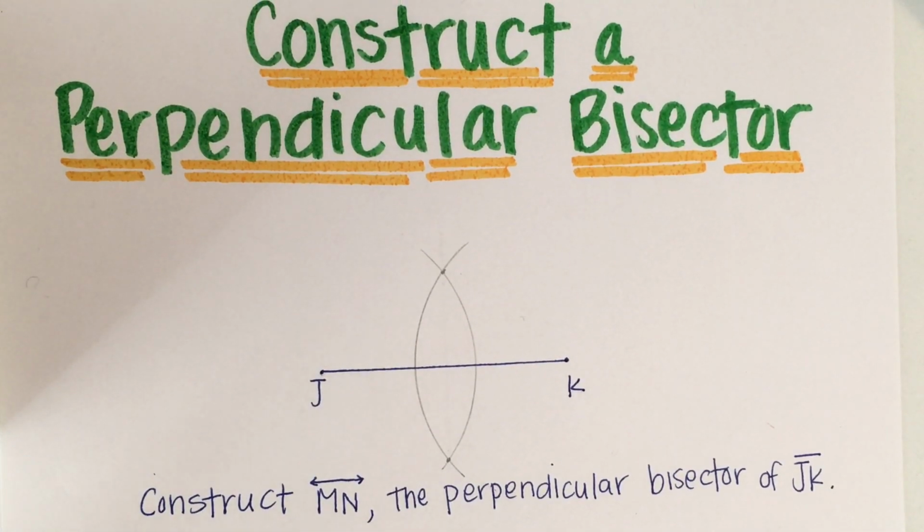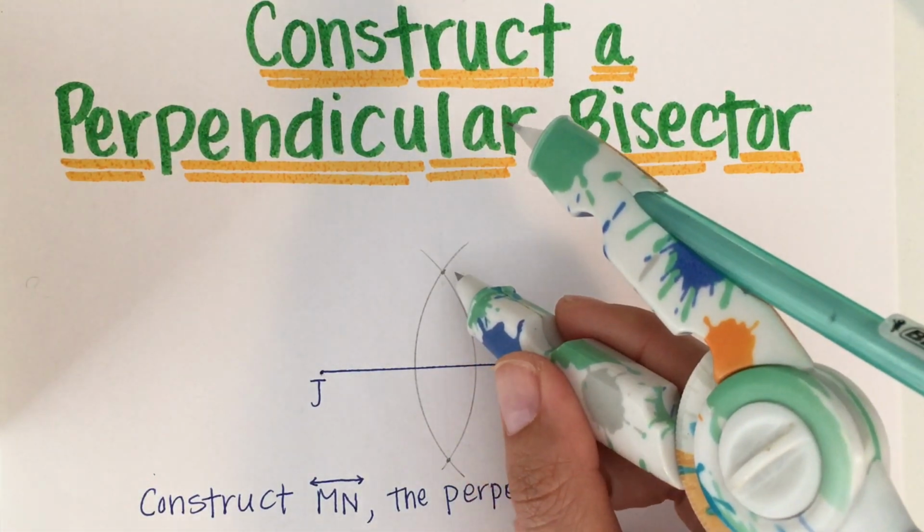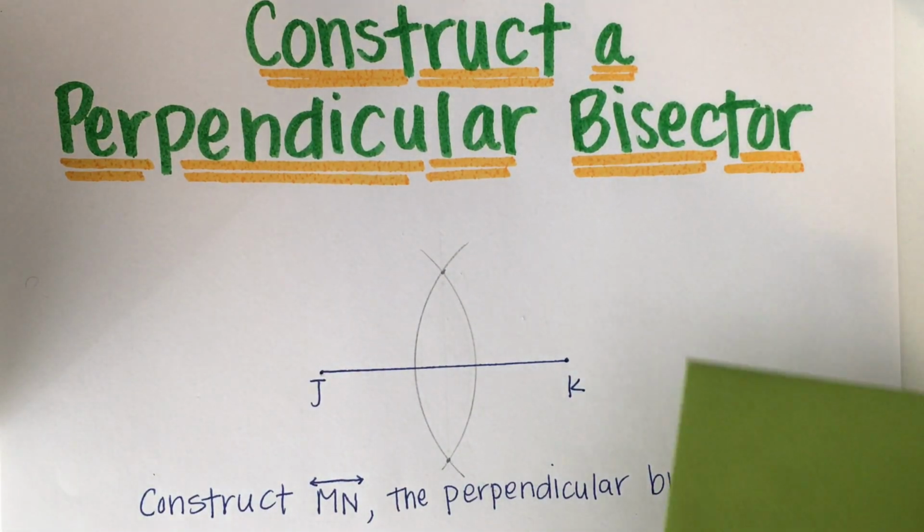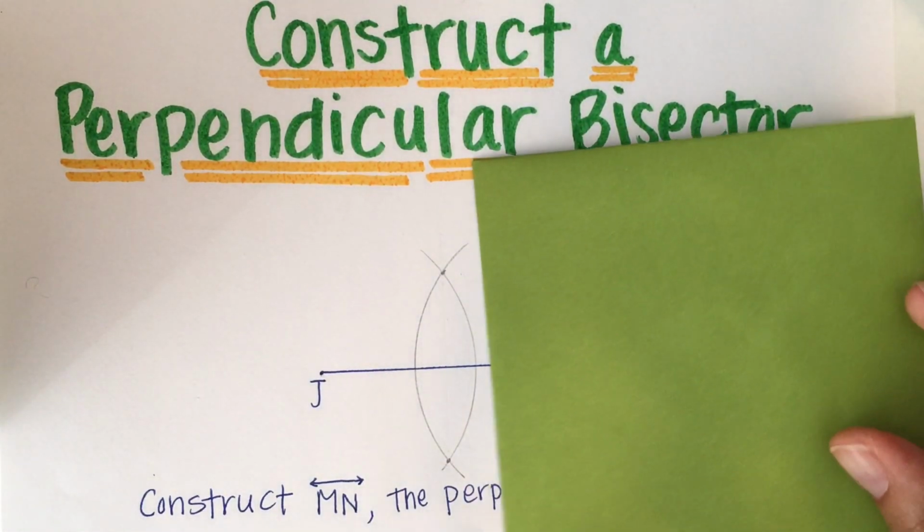Now, in our investigation in this lesson, we learned that if a point is on the perpendicular bisector, it is equidistant from the end points of the segment. So now that we have 2 points that are both equidistant to the end points, we can conclude that it will be on the perpendicular bisector.